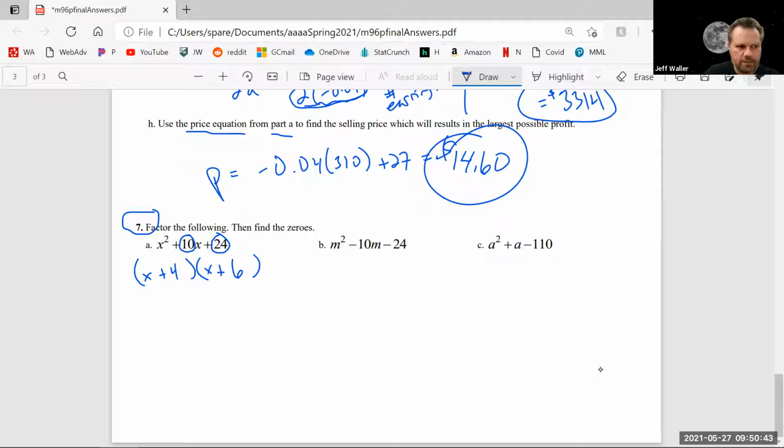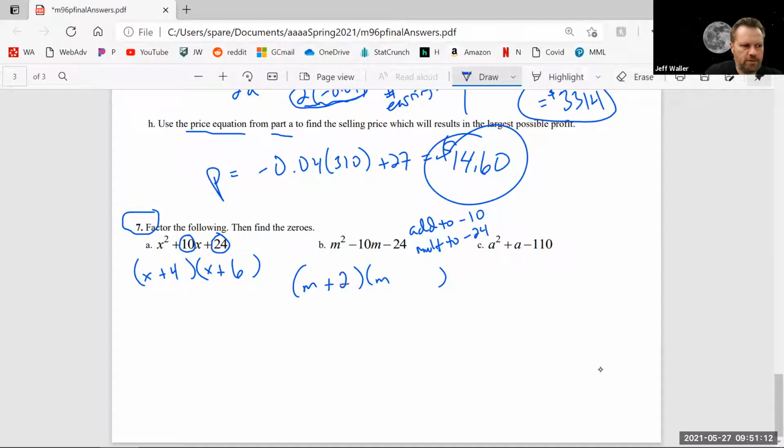Because now you need two numbers that add to -10 and they multiply to -24. So one of them has to be negative, one of them has to be positive. Okay, who thinks they have the answer? +2 minus 12.